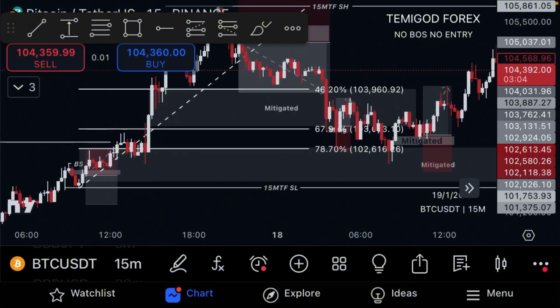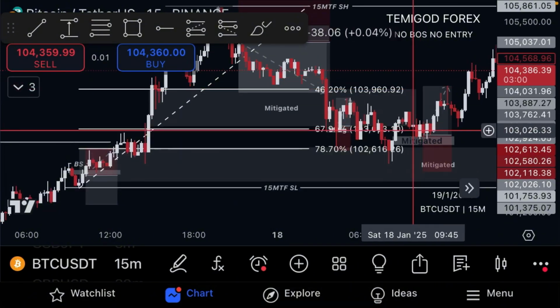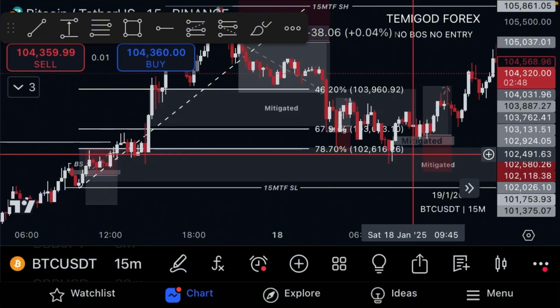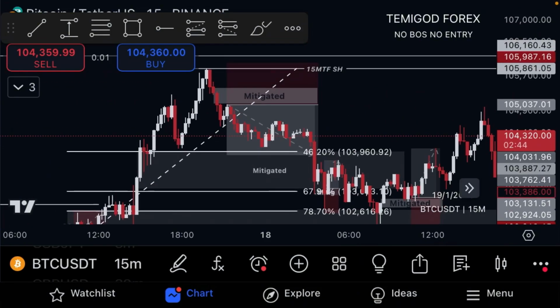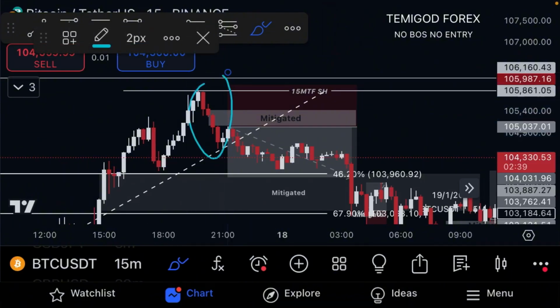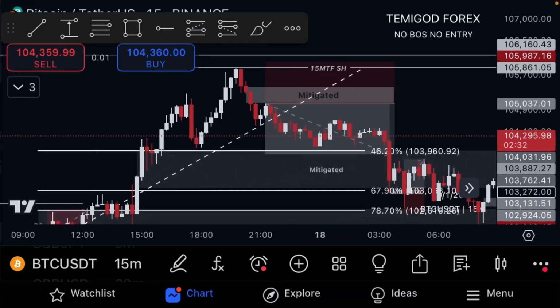The 46.20 to 67 serves as a fair value gap area, while the 78.70 serves as the initial order block area. So we want to either buy trades or take trades on the fair value gap area or the initial order block area. Now I haven't seen that reversal that we've covered in this area. The next thing we want to do is to execute the trade.